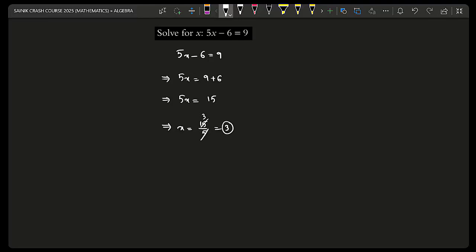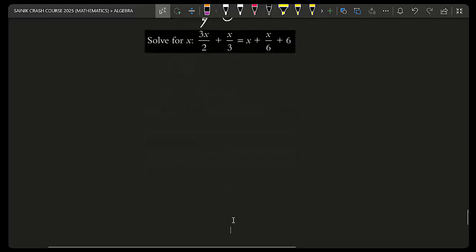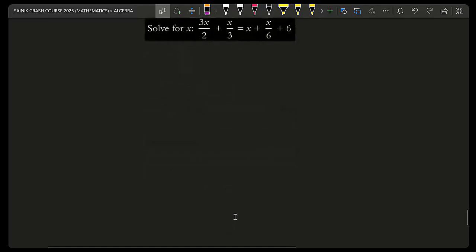I'm giving one more question. All of you, try this. All of you try to solve this. 3x by 2 plus x by 3 is equal to x plus x by 6 plus 6.